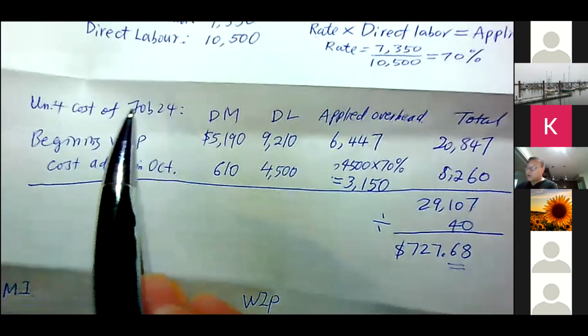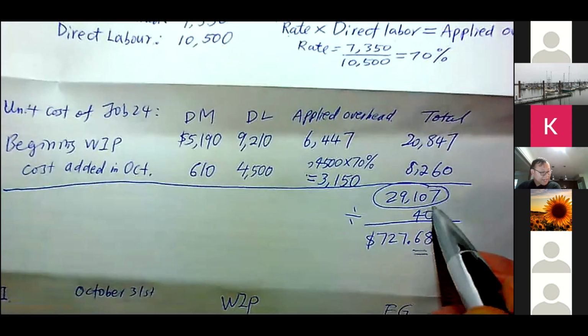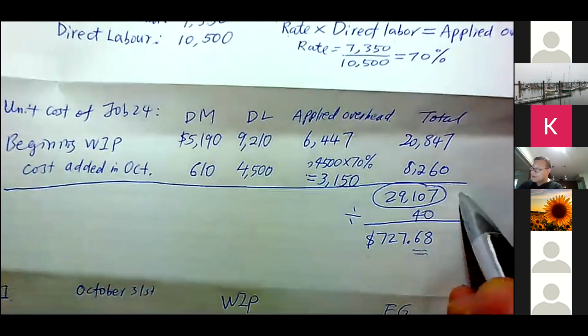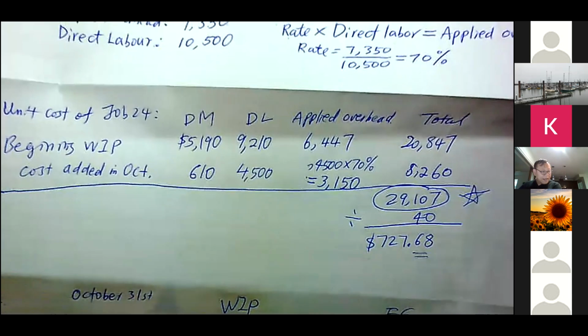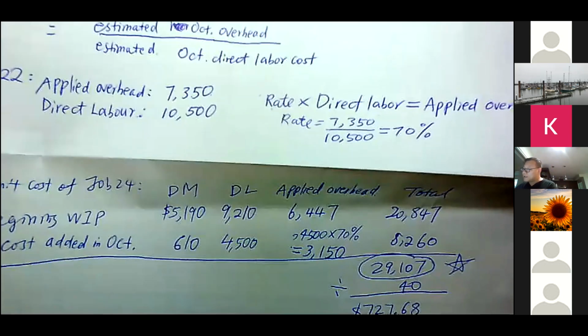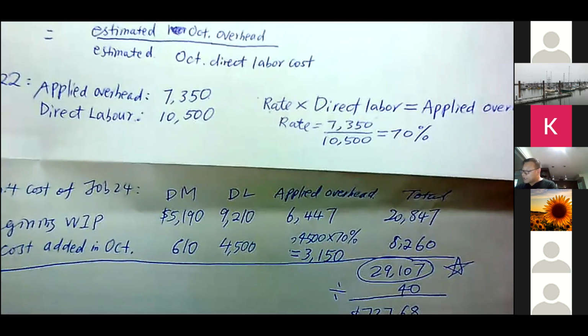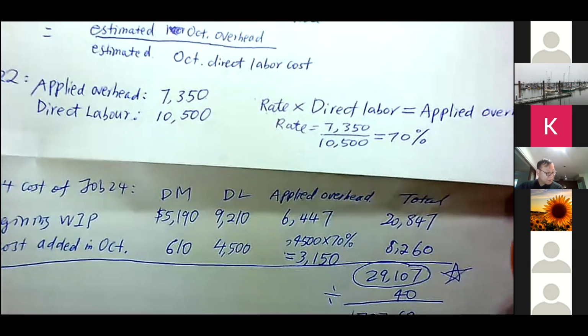The total cost is 29,107. That's the total cost of job 24. Did we also calculate job 22? No, we didn't calculate job 22. I think only 24.